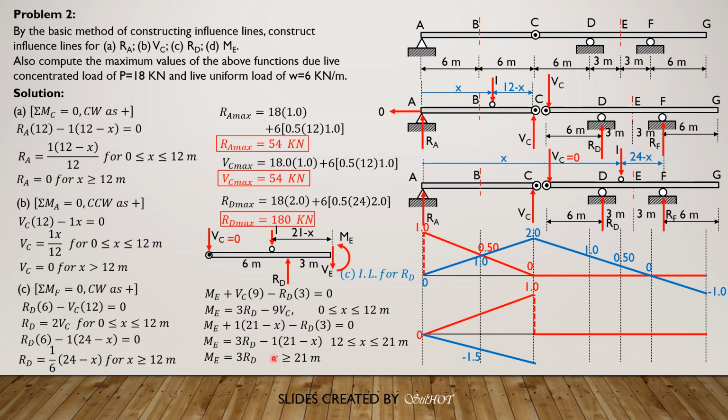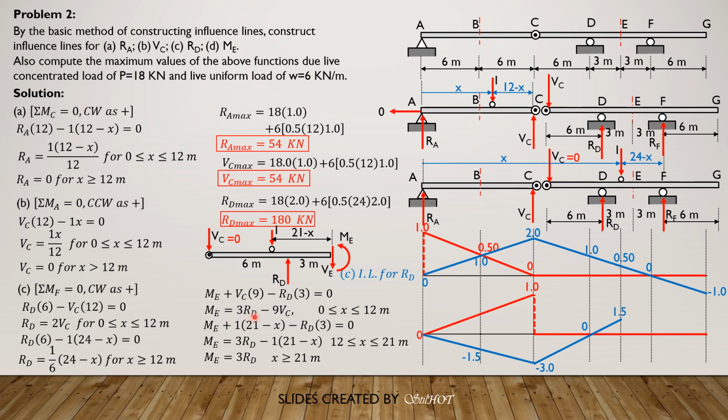So if we plot, first 3 times RD, this is the influence line for RD. 3 times 0 is 0, minus 9 times V sub C, and V sub C is also 0. Remember, this is V sub C. So when x is 0, ME is 0. When x is 6, RD is 1.